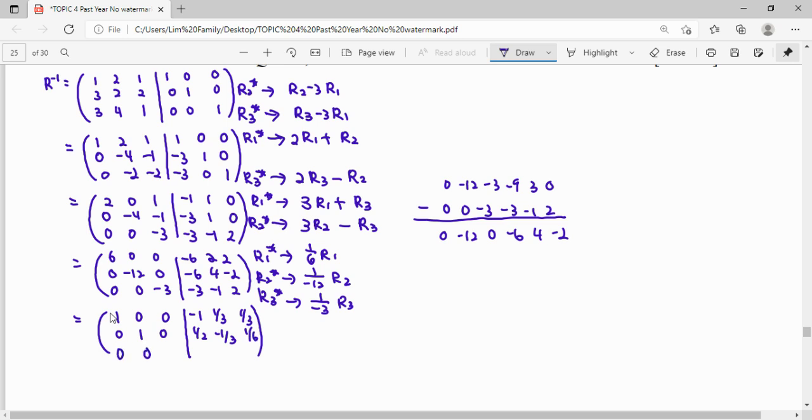Divide by negative 3 will become 1, and then 1, and then 1 over 3, and then negative 2 over 3. So this is how we do our ERO, elementary row operation, to change our identity from the left hand side to the right hand side. So the result here will be our inverse of R.